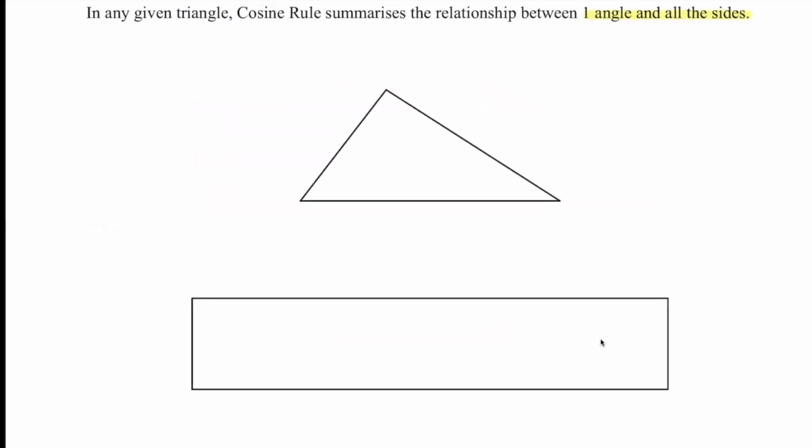So what does cosine rule say? Now, cosine rule, again, I'm just going to use A, B, C to represent the angles respectively. And we have emphasized previously, the side opposite angle A is small a, opposite angle B is small b, and opposite angle C is small c.